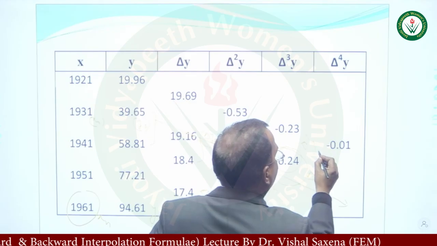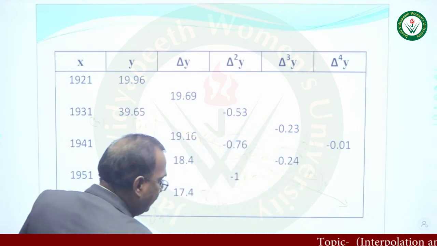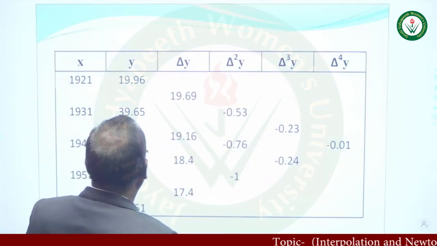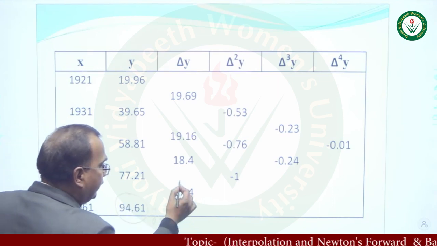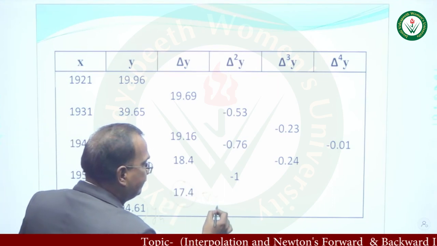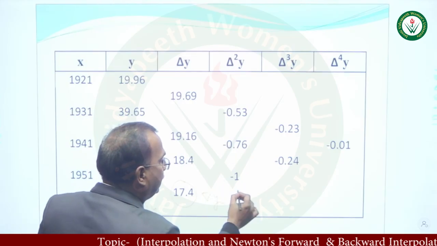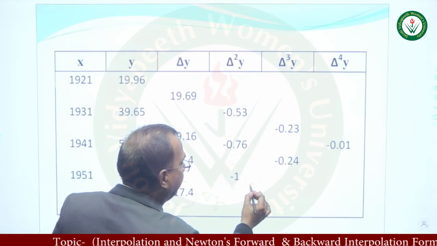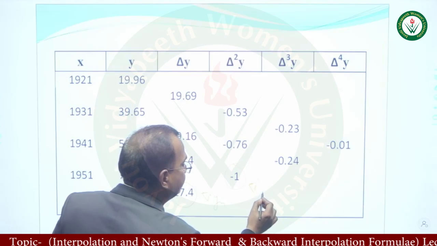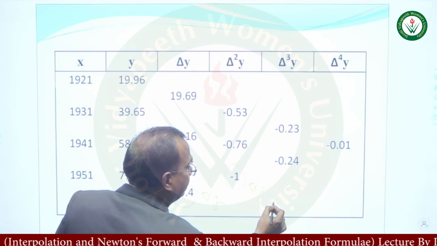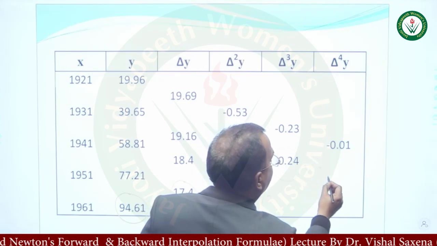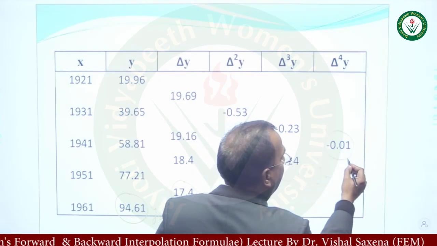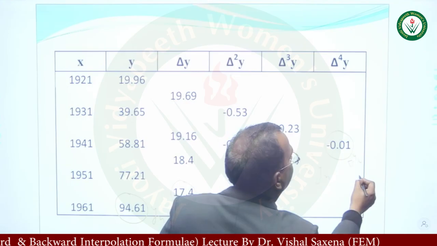Again I am saying this one as yn, then nabla yn, nabla square yn, nabla cube yn, and the last value is the nabla fourth difference.